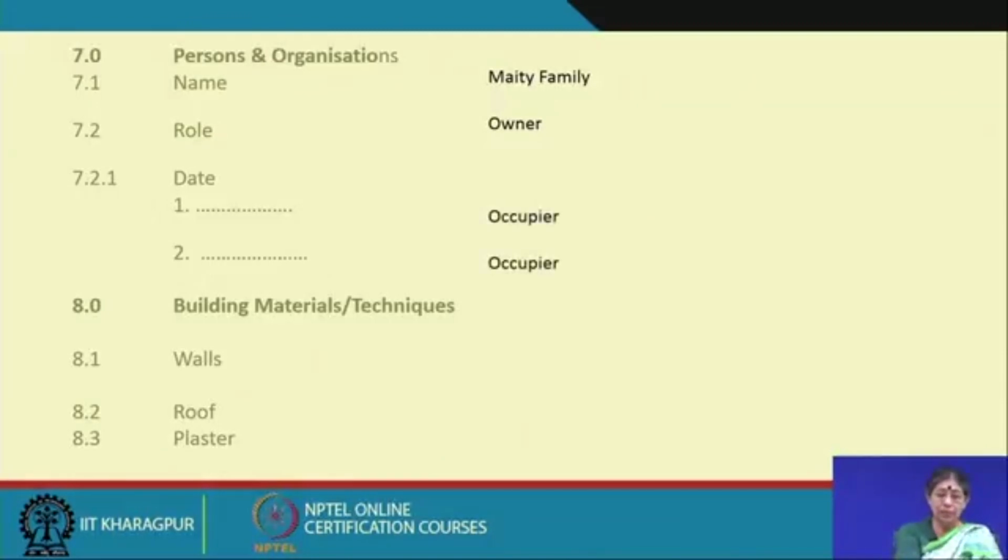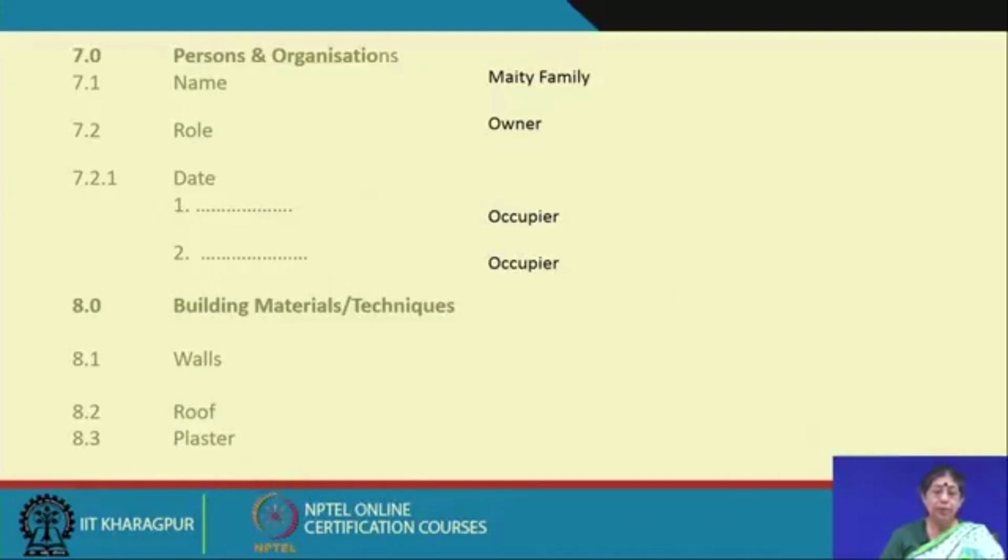In this particular case it is only one family, in their ancestral property. But one can have a situation where the occupier changes over the years. So from which date to which date, which period to which period, who was the occupier and how it changes, based on authentic inquiry and documentation, it is necessary to put that in the inventory.